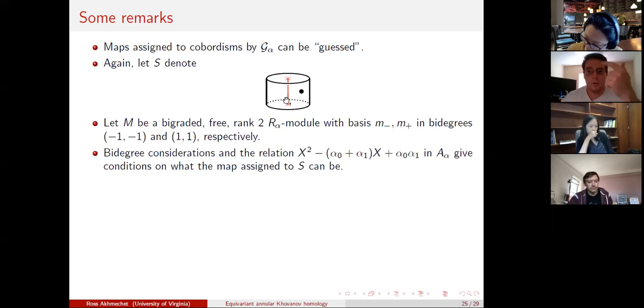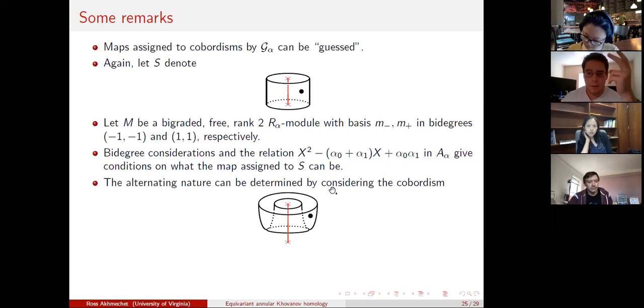And you just compute what the map S could be. Looking at bidegree considerations, the map ought to be bidegree 2, 0. That gives you some conditions on what the map could be. You also look at this defining relation, and that gives you other conditions. And I think at this point you have 4 options.